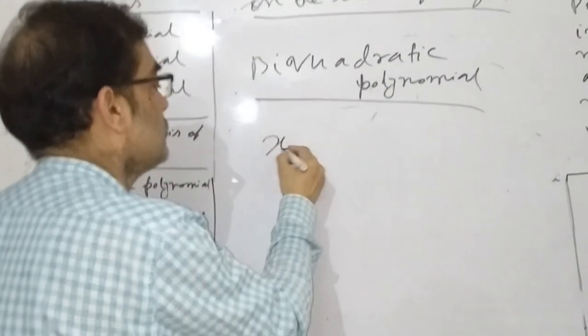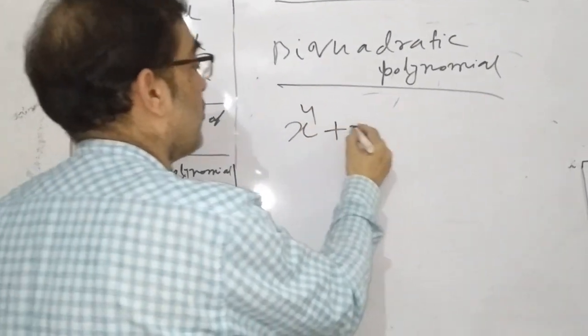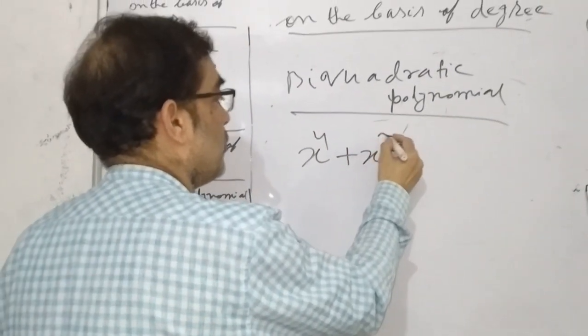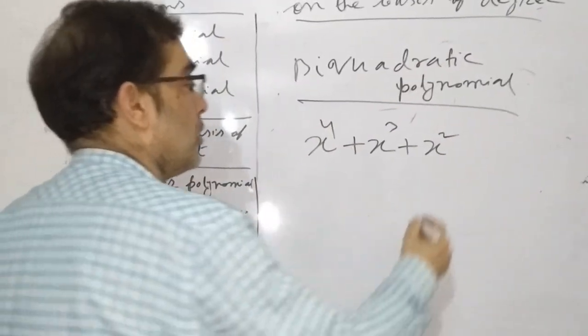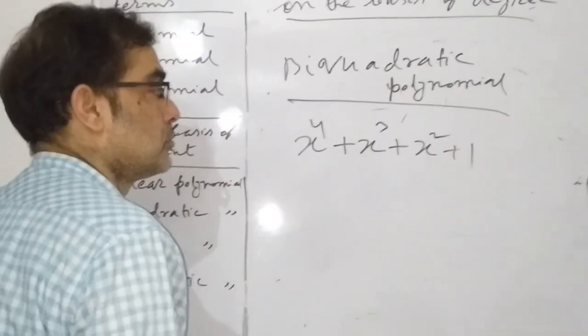Example: x to the power 4 plus x cube plus x square plus 1.